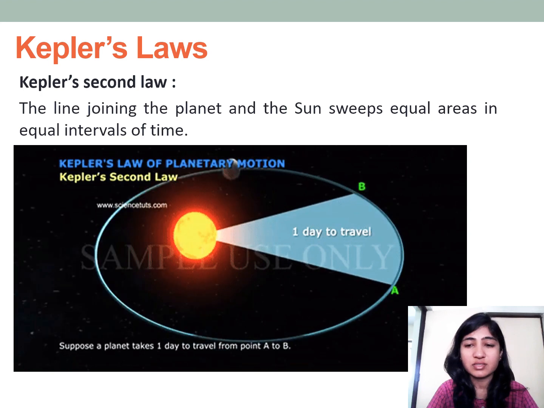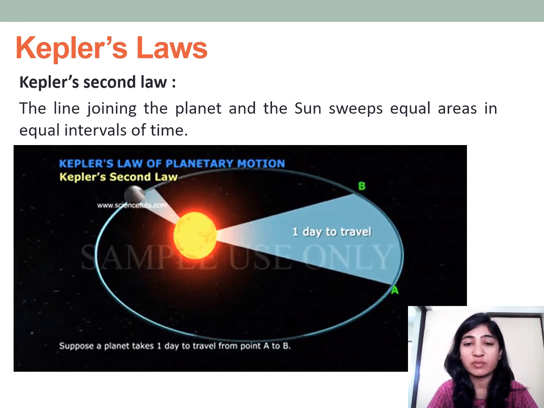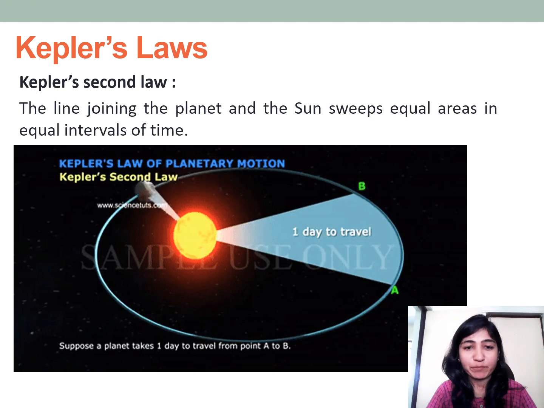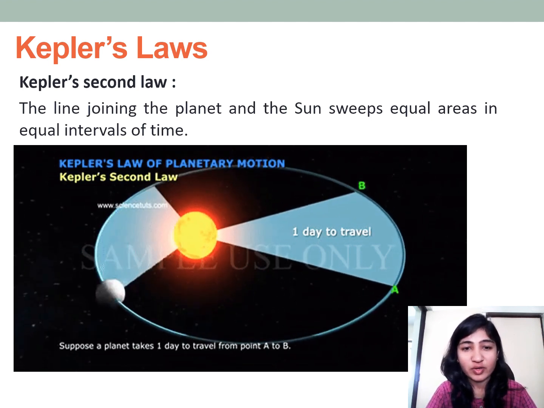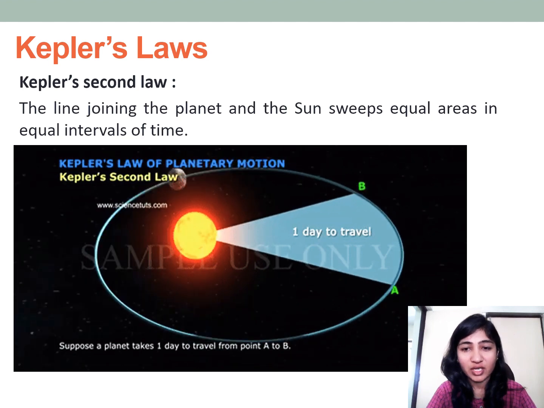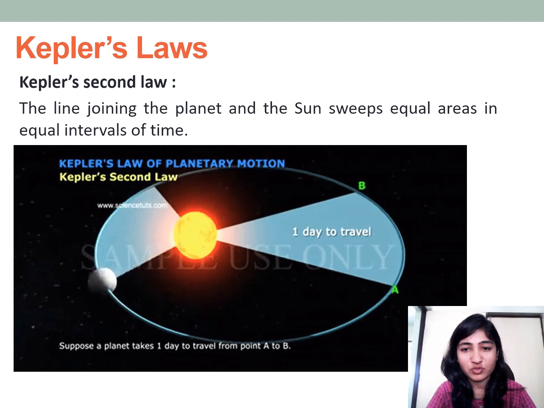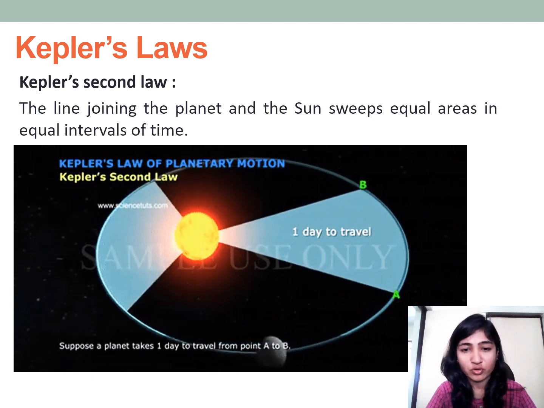Now Kepler's second law. Look at the statement: the line joining the planet and the sun sweeps equal areas in equal intervals of time. Let us see the explanation. Look at the point A, which can be a position of the planet.